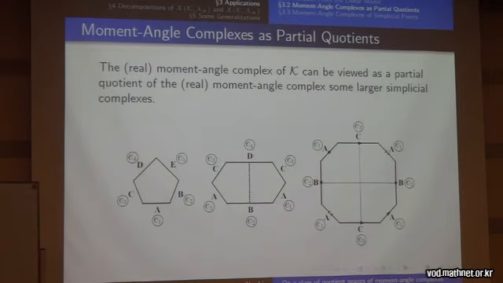Another observation is this. I found that any real moment-angle complex or moment-angle complex of K can be viewed as a partial quotient of the real moment-angle complex or moment-angle complex of some bigger simplicial complexes. Say this is a pentagon, and with respect to this coloring, we have a real moment-angle complex.